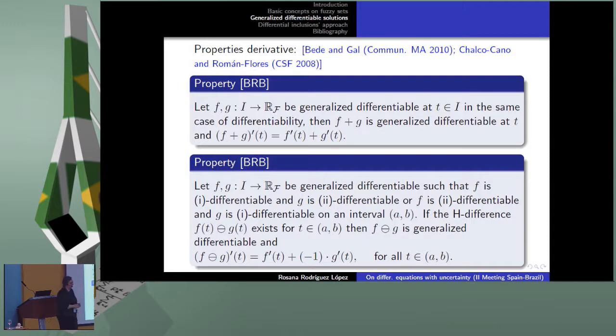A collection of properties about how the generalized derivatives behave in relation with the operations is another of the reasons that suggest that we have to consider a more general approach.